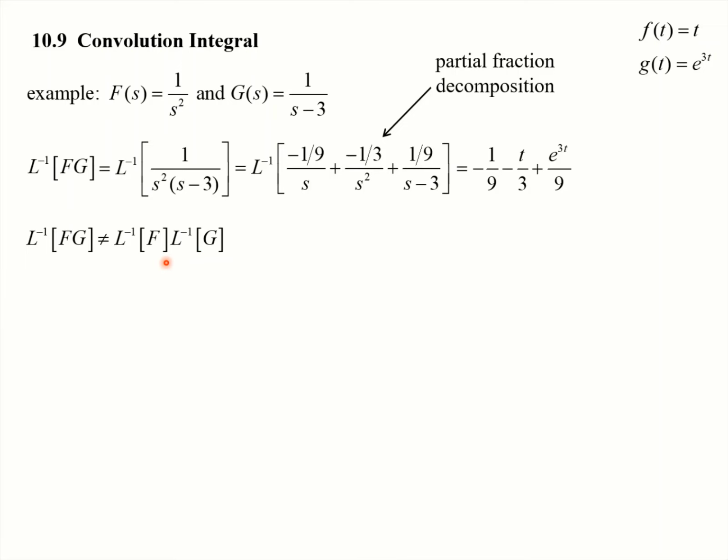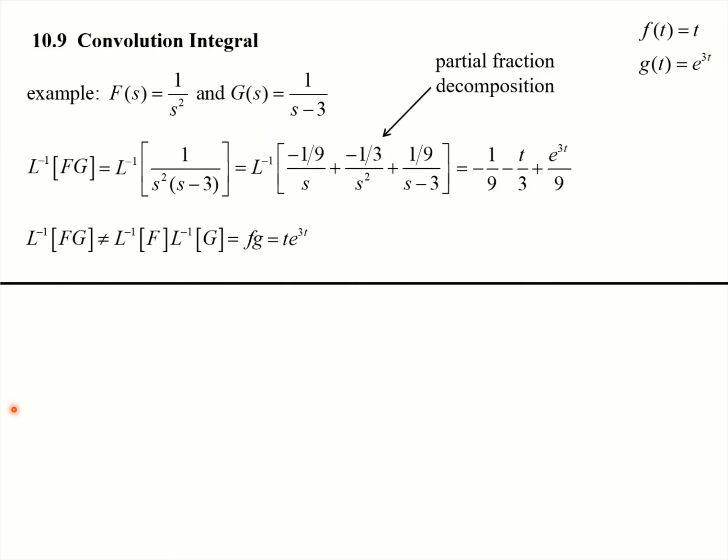The inverse transform of F, we already have it up in the top right corner, is little f and then little g, which is t e to the 3t. So we know t e to the 3t is not the same as what we got. So you cannot just multiply the inverse transforms when you have a product here.